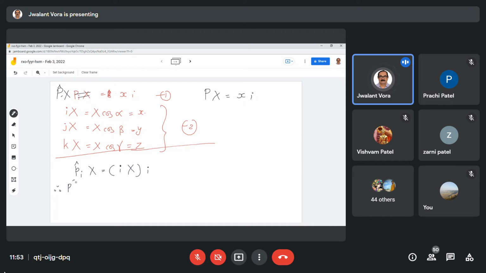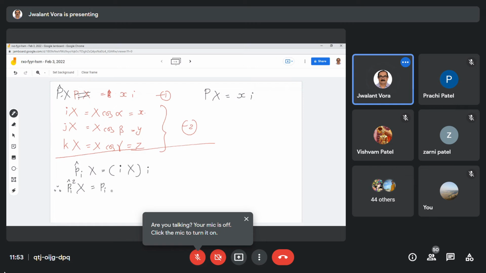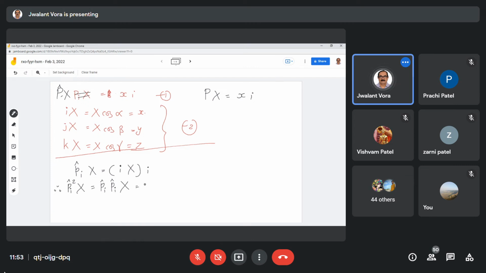Therefore pi square into x is equal to pi into pi into x is equal to pi into x.